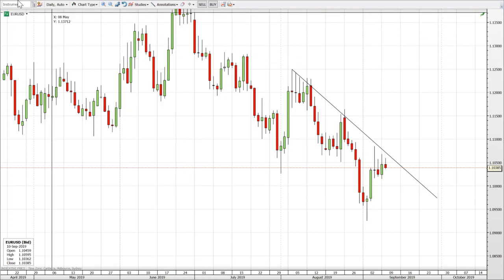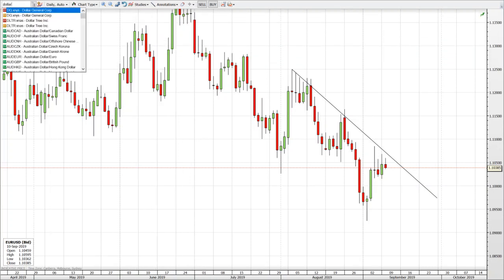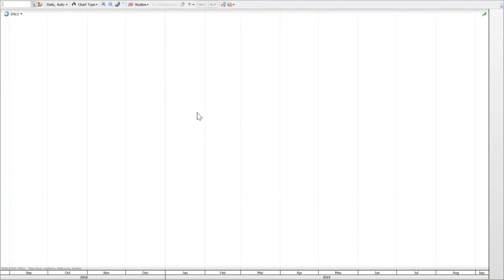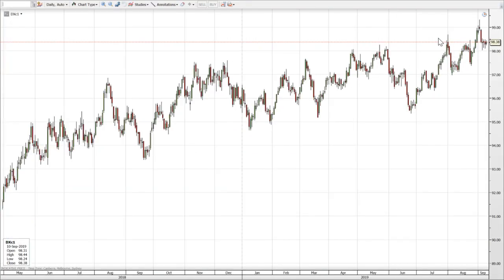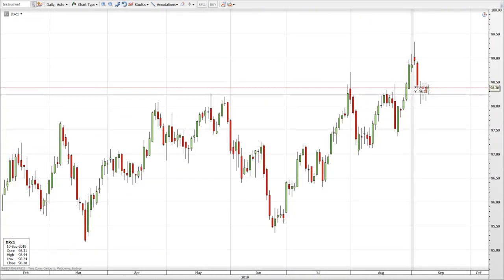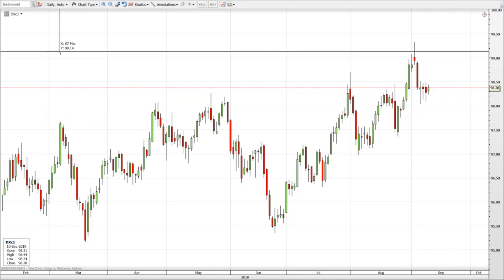Furthermore, if we look at the dollar index, it's still looking like it's in an uptrend, and it's found a bit of support and it's looking to come back up. So there is this medium term continued uptrend in the US dollar being tested at the moment.